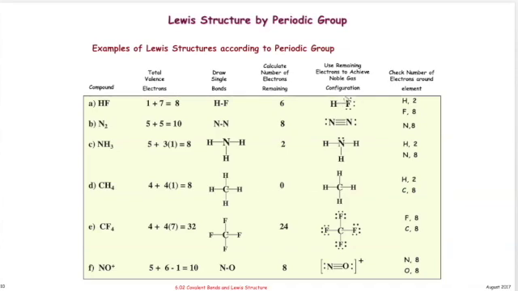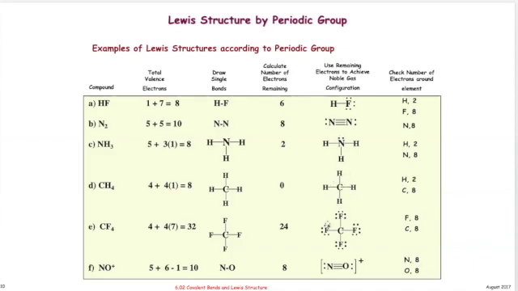And these pairs of electrons here, there's 1, 2, 3 pairs of electrons around fluorine. Well, those are called lone pairs. There are 6 total electrons, but there are 3 lone pairs. This nitrogen right here in ammonia, these 2 electrons right here, that's 1 lone pair.